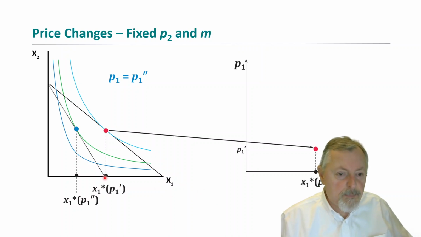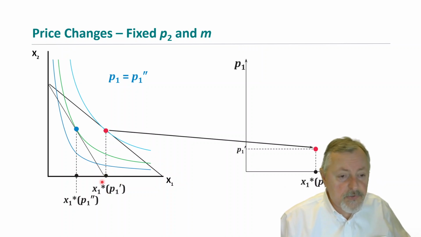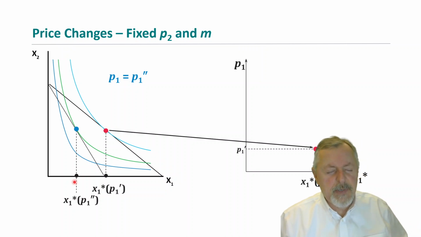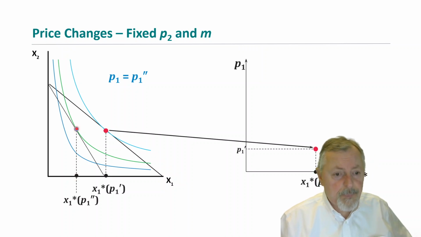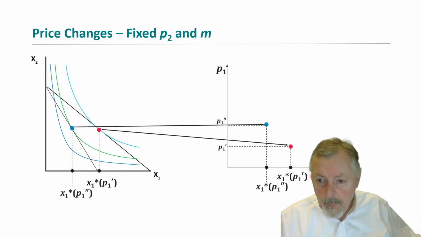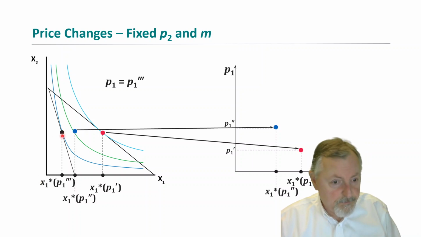Now, if the price changes and goes up to P1 double prime, then the person will consume less of X1. X1 will be smaller because they're consuming a smaller quantity of commodity 1. Higher price, lower quantity. We can plot that as well, and it would be here: smaller quantity of commodity 1 and a higher price. And we can do this again for an even higher price of commodity 1.